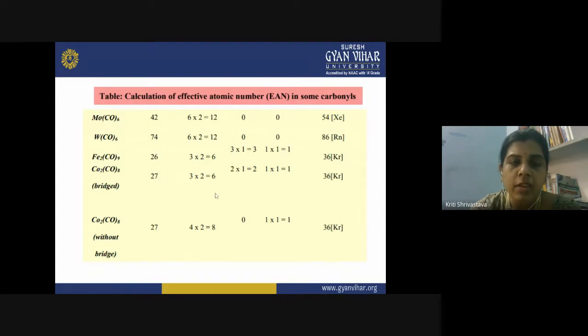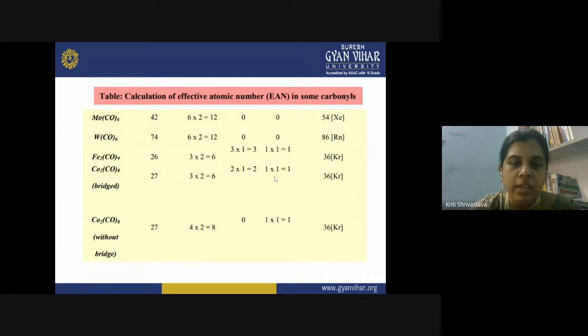So each cobalt will have 3 terminal carbonyls and 2 carbonyls as bridging ligands. You can see that the 3 carbonyls with a donation of 2 electrons each will give a total of 6 electrons. Then the 2 carbonyls in the bridging mode give 1 electron each. So you get a total of 2 electrons here.